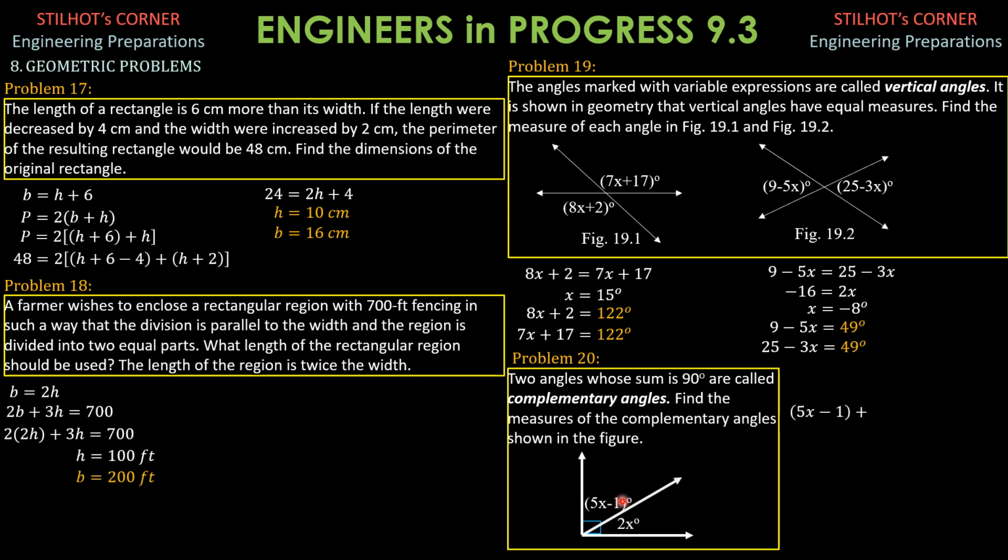So 5x minus 1 plus 2x equals 90 degrees. 7x equals 91 degrees. x is 91 over 7, so x is 13 degrees. Therefore, the measure of each of these complementary angles is 5 times 13 minus 1, which is 64 degrees, and 2 times 13, which is 26 degrees.